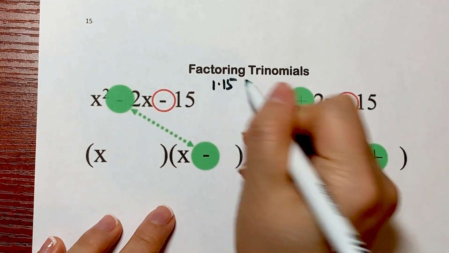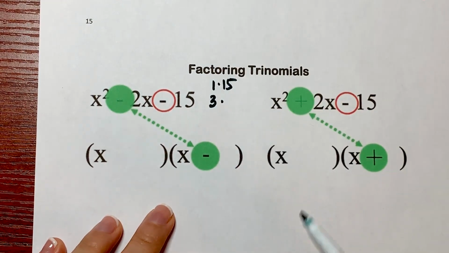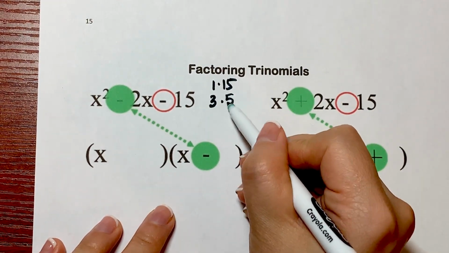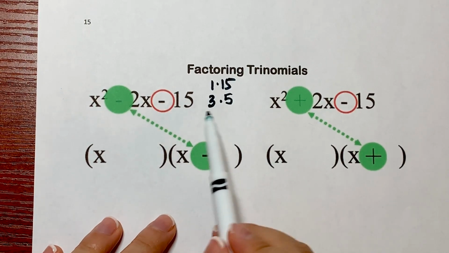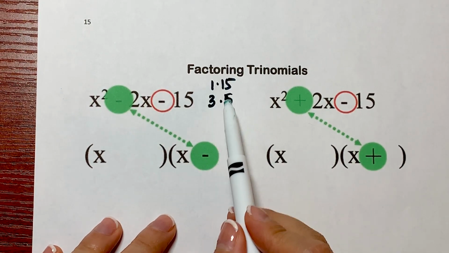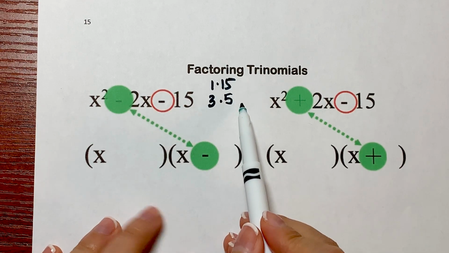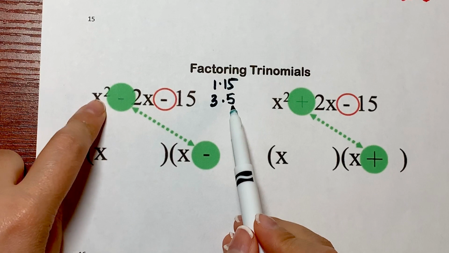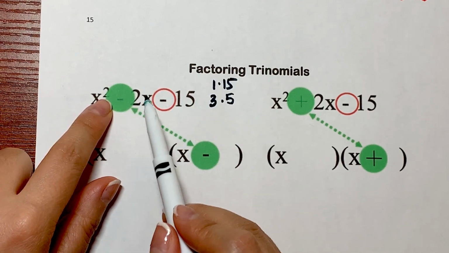1 times 15, then 2 does not divide 15, so we jump to 3. 3 times 5 will give you 15. Yes. And here we're looking at, okay, so I can add those two. This one will give you 16. This one will give you 8. However, because this is a 2 in the middle, we cannot add them.